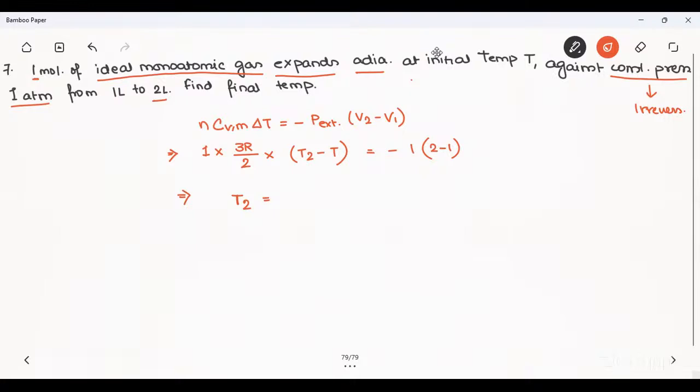Okay. So should I make a memory table for you, of whatever formulas we have learned so far? Yes, ma'am. Okay. See, I'm not making the general formulas for work done on the system, by the system, isochoric, isobaric. No, I'm not doing that. I am starting from work calculation.